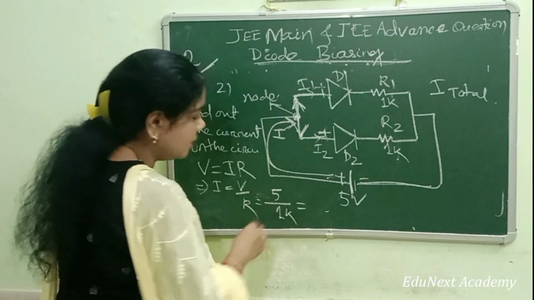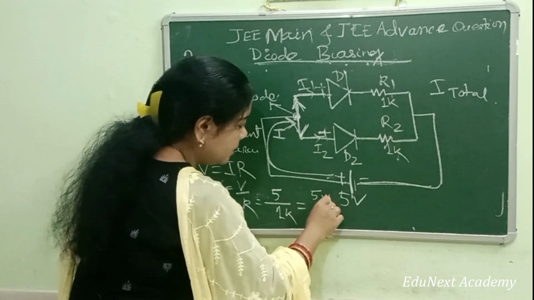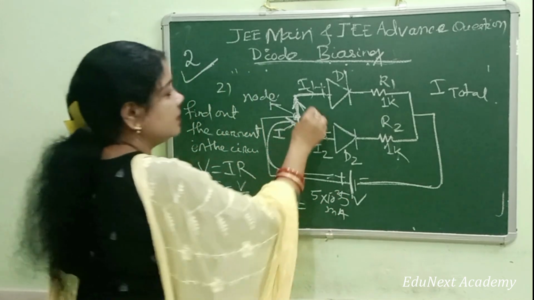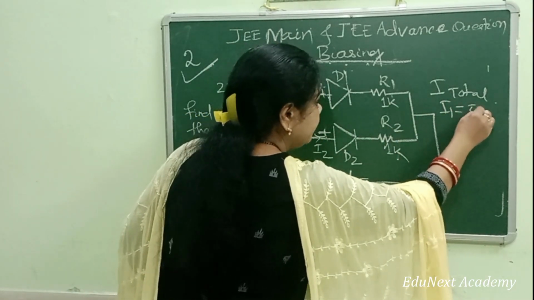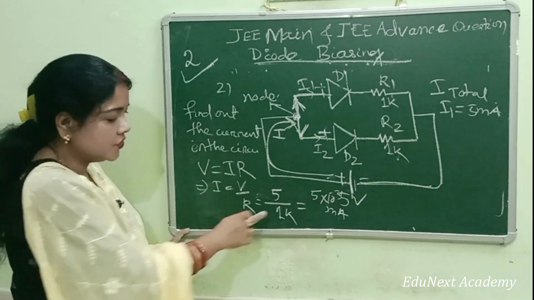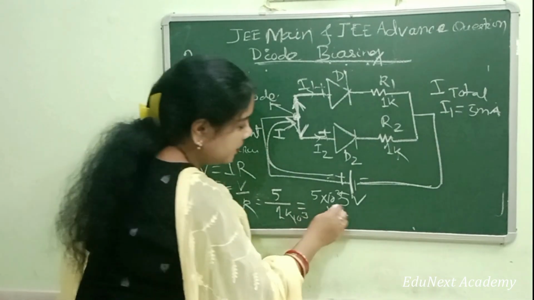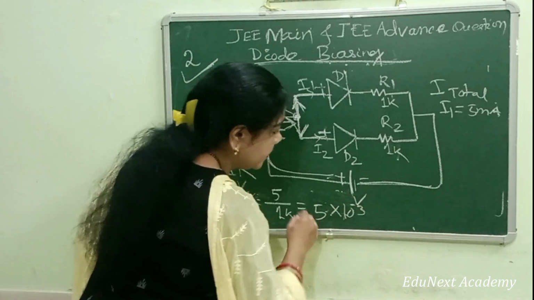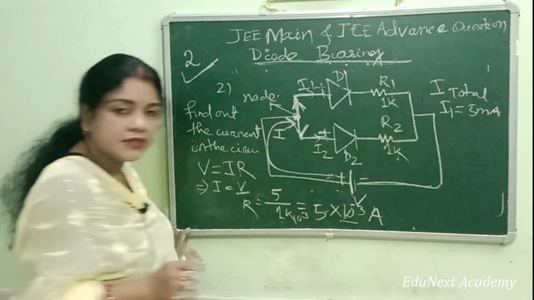How many ampere? 1K means 10 to the power 3, so it becomes 5 into 10 to the power minus 3 ampere. So here I1 is equal to 5 milliampere. Minus 3 means milli, and obviously the current unit is ampere.